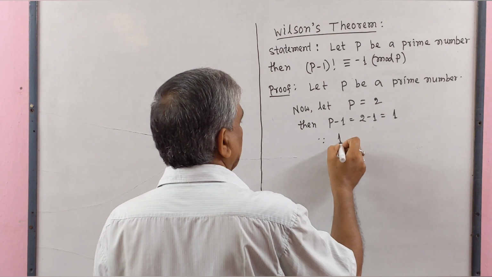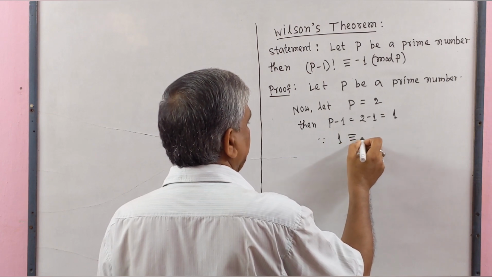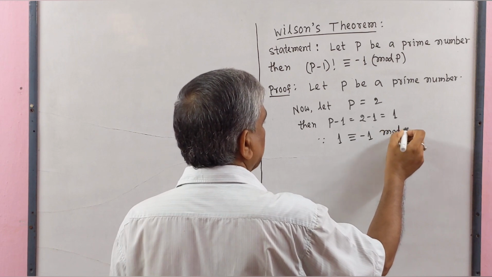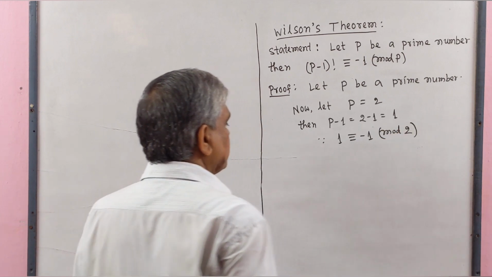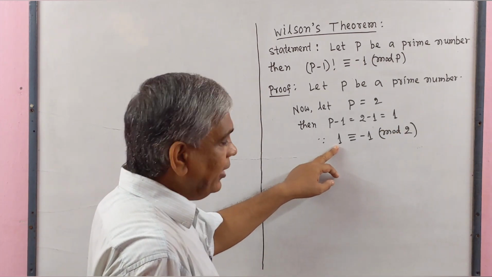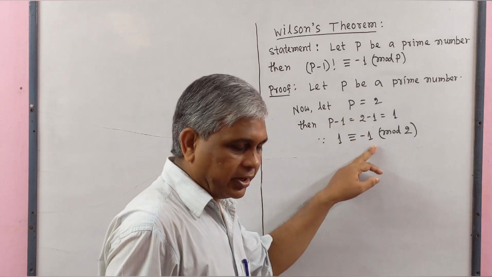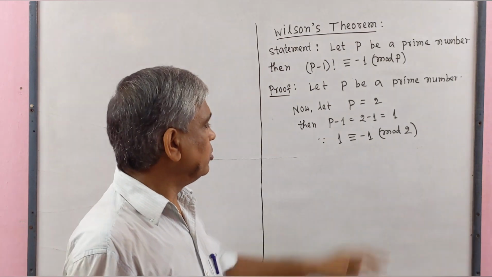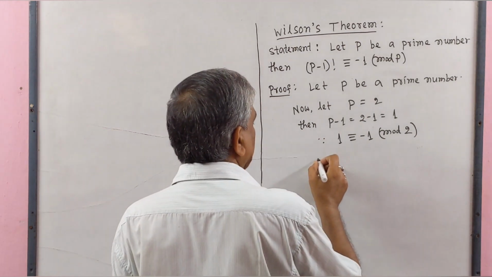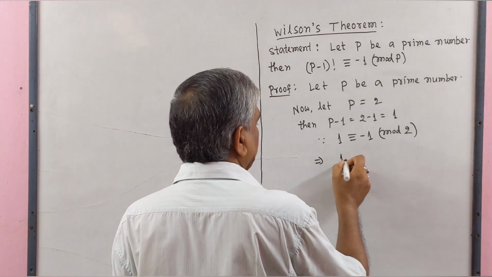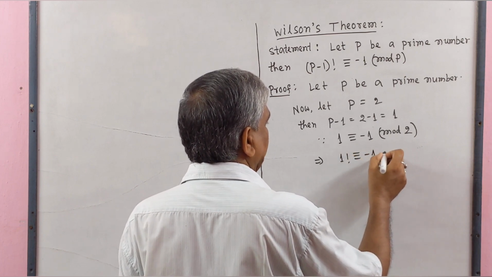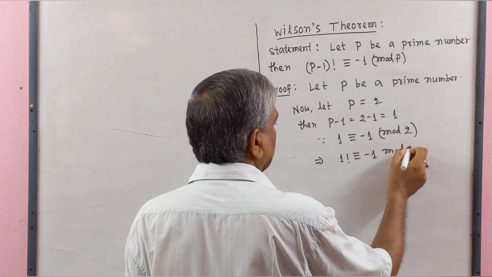Since 1 is congruent to minus 1 modulo 2, since 1 minus minus 1 is 2, which is divisible by 2, it implies that factorial 1 is congruent to minus 1 modulo 2.